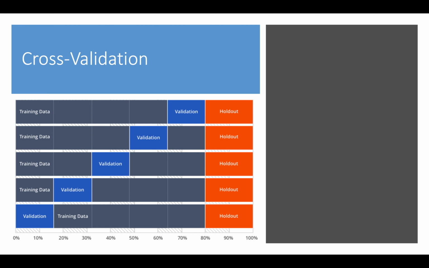Cross-validation works like this. First, you fix the value of the hyperparameters you want to evaluate. Then you split your training dataset into several subsets of the same size, and each subset is called a fold. Typically, five-fold cross-validation is used in practice.